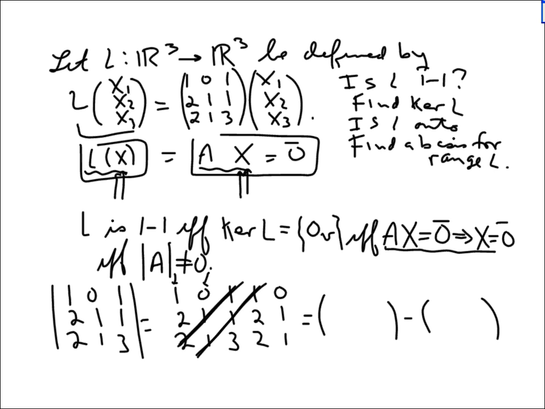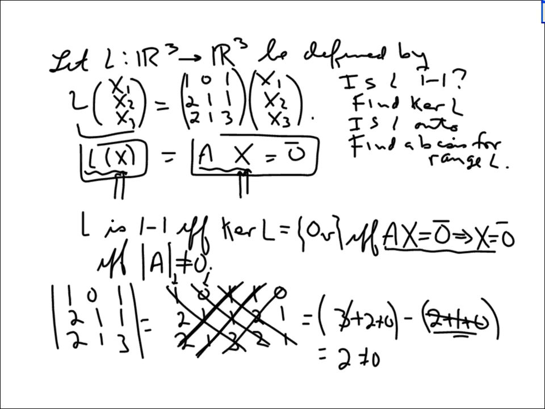Okay, 2 plus 1 plus 0. 2 plus 1 plus 0. 3 plus 0 plus 2. 3, which that is already, plus 2 plus 0. 3 minus 3 is 0. I get 2, which is not 0, which implies L is 1-to-1.